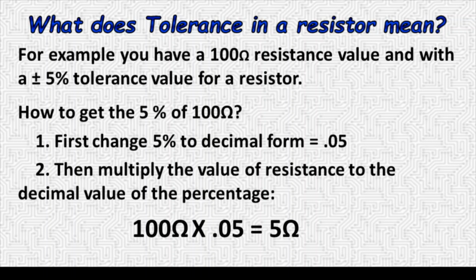Kung ilan yung zero niya, yun din yung movement niya to the right. Since 100 natin ay dalawang zero, so from this point, papunta doon sa dalawang digit pa kanan, 1, 2. So magkakaroon tayo ng 5 ohms.